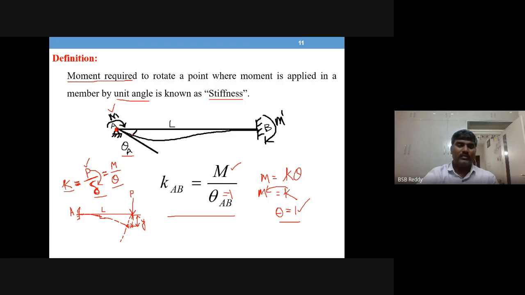Okay, so you have to understand that the rotation of a point and the moment applied are at the same location. You have to understand that. The moment required to rotate a point by a unit angle is known as stiffness.